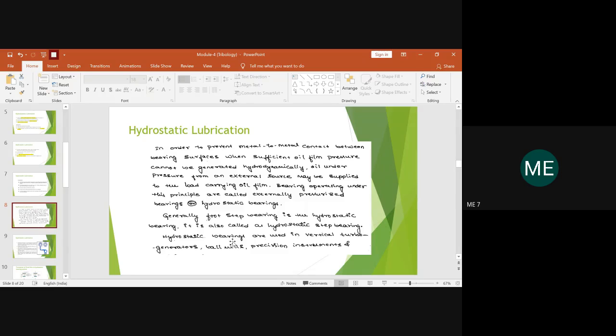Since it runs at a very low speed, you cannot go with hydrodynamic; you have to go with hydrostatic, which still should have maximum load bearing capacity. So with respect to the requirement, you have to select whether you go with hydrostatic or hydrodynamic lubrication.